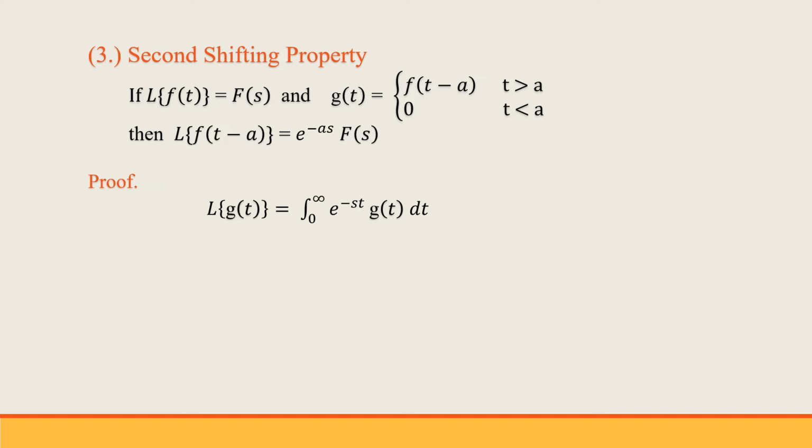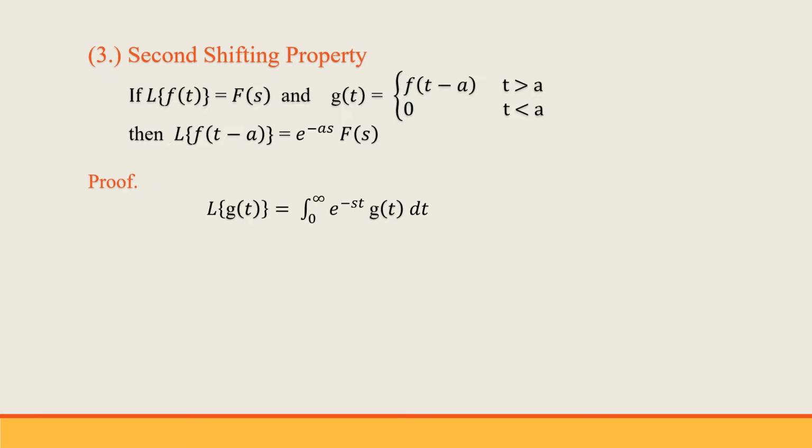Now, as the function g(t) varies from 0 to a and from a to infinity, we can break the range of the integration also from 0 to a and from a to infinity. What is our function from 0 to a? It is 0, and from a to infinity it is f(t minus a).